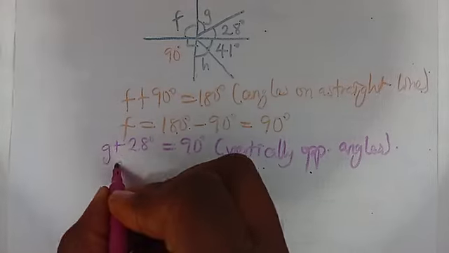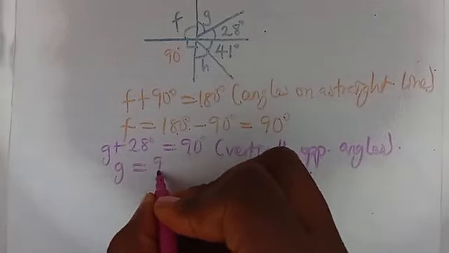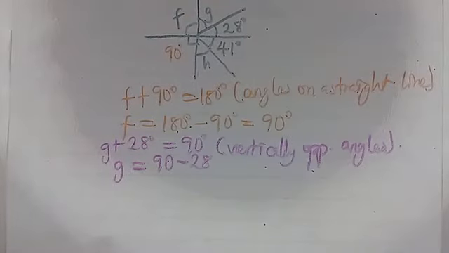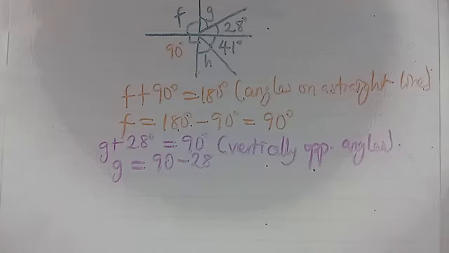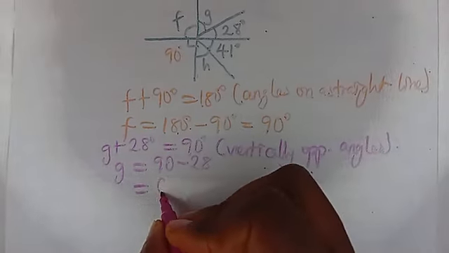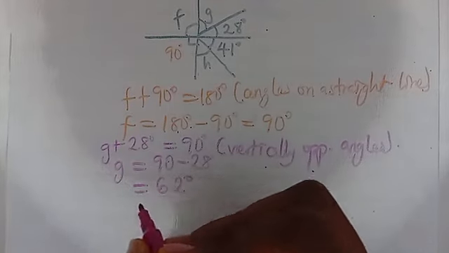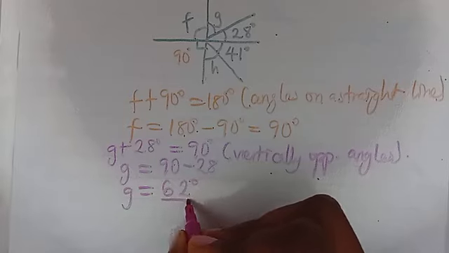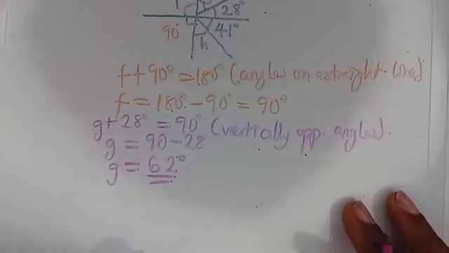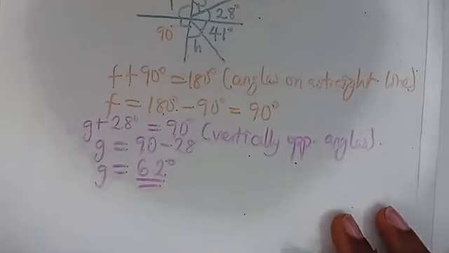Okay, therefore I'll say that G is equal to 90 minus 28. So we have that 90 minus 28 is equal to 62 degrees. Therefore, G is equal to 62 degrees. So this remains angle H.